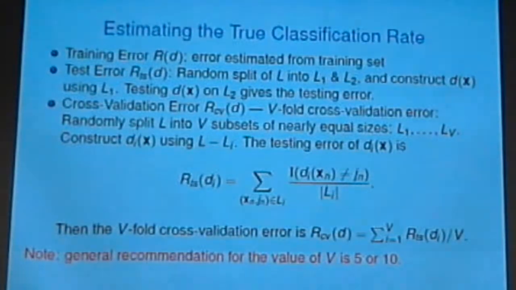Some suggest repeating this a few times, like 3 or 4 times, to make the error estimate more reasonable. This is the general result about estimating the true classification rate.